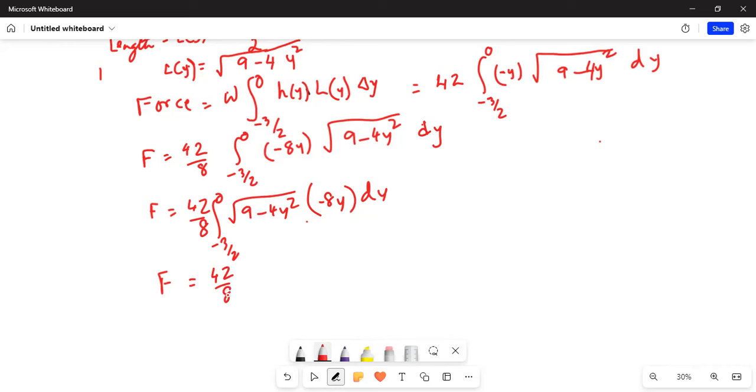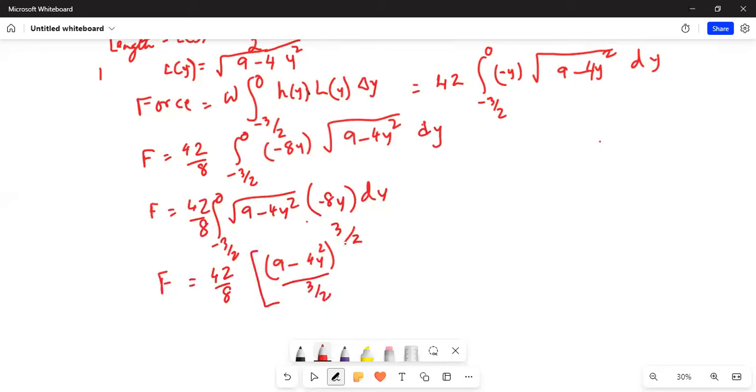times 9 minus 4y square. Half plus 1 is 3 by 2, and that also goes in the denominator.